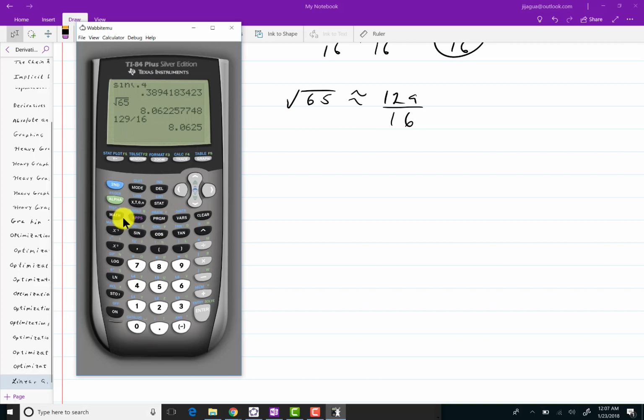The way I could calculate my error is to do this all in one line: the square root of 65 minus 129 divided by 16. And the error is negative 0.0002. So the approximation is very good.